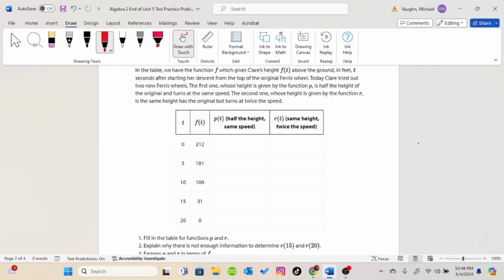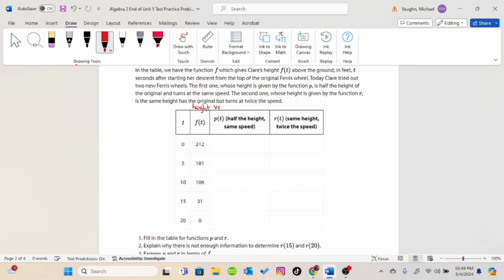Number 1, fill in the table for functions p and r. So t is the time, f of t is the height. Now we have p of t. This is half the height, but the same speed.